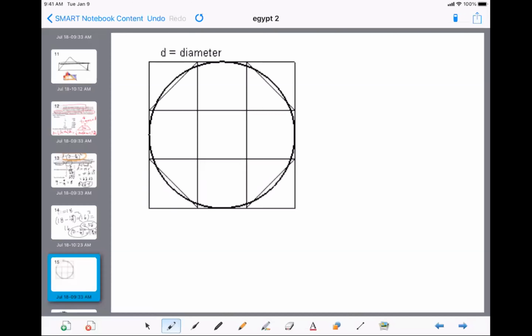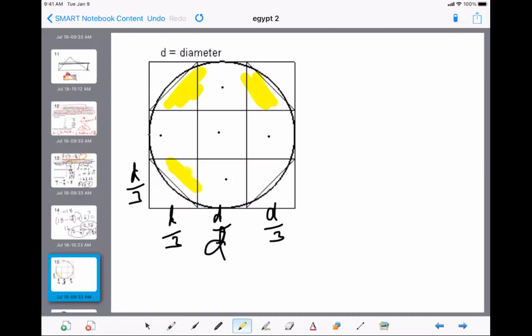If the diameter of the circle is d, each of these little squares would be d over 3 by d over 3. We can see there's 1, 2, 3, 4, 5 full squares plus 2 more, because this is half of the square and this is half. This is not a regular octagon, by the way. It's a 45, 45, 90 right triangle.